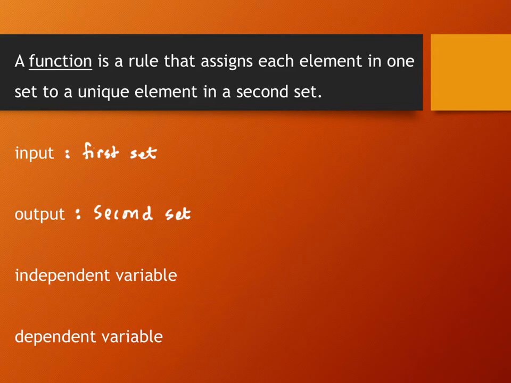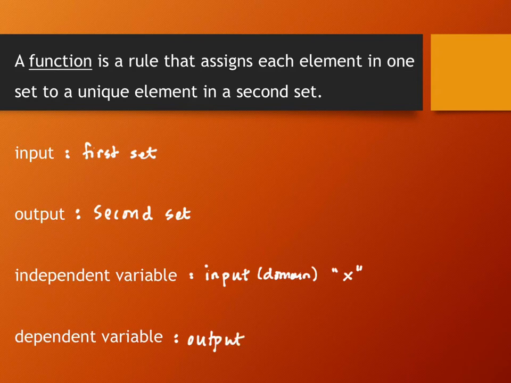The independent variable is the one you choose. It's actually the input. We'll also call it the domain. And in particular, most of the time we use the variable x. And then the dependent variable would be the output.